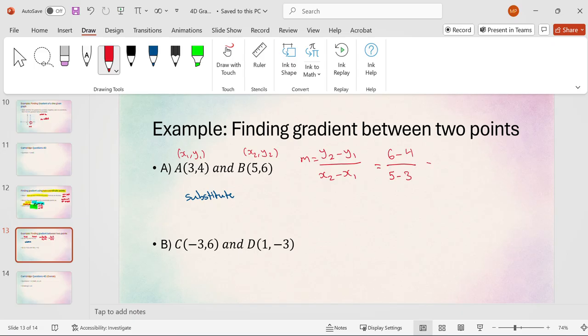The next thing you're going to do is just simplify the numerators and the denominators respectively. So in the numerator, I have 6 minus 4 being 2, and then 5 minus 3 in the denominator being 2 as well. And 2 over 2 just means 2 divided by 2, which equals 1. Therefore, your gradient equals 1, and you're done.